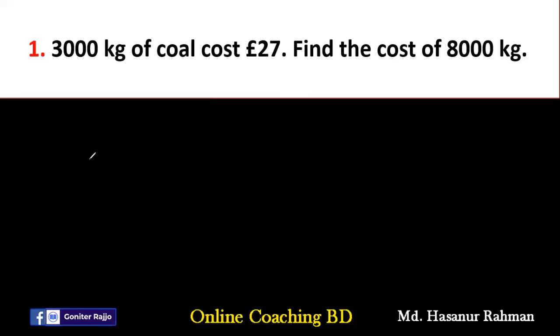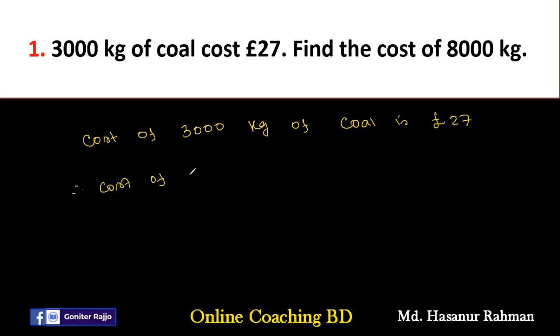So we can write in this way: cost of 3000 kg of coal is 27 pounds. Then we can write cost of 1 kg of coal.